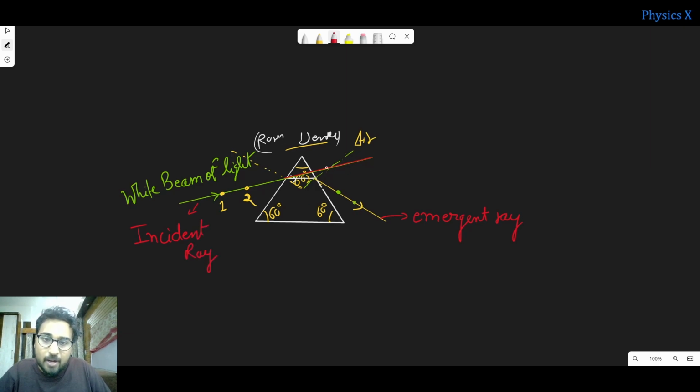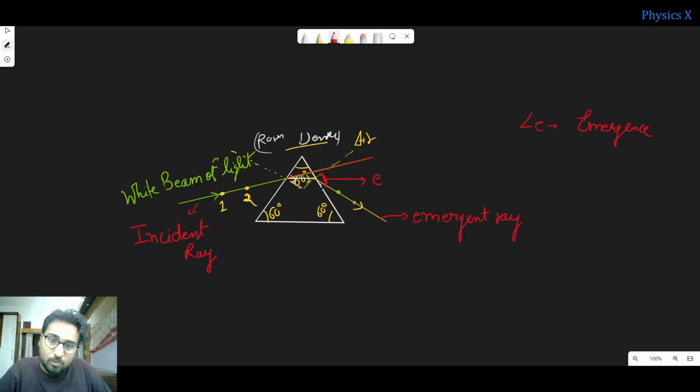This particular angle is called angle E, the angle of emergence. And from the original incident ray, consider this deviation.